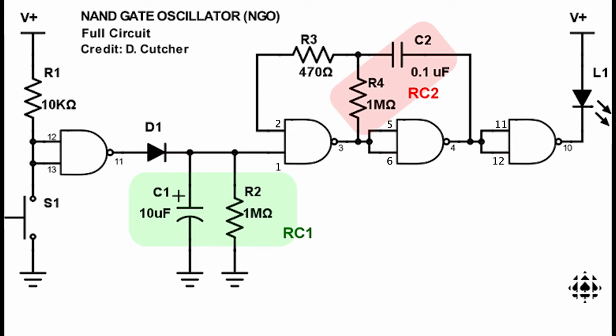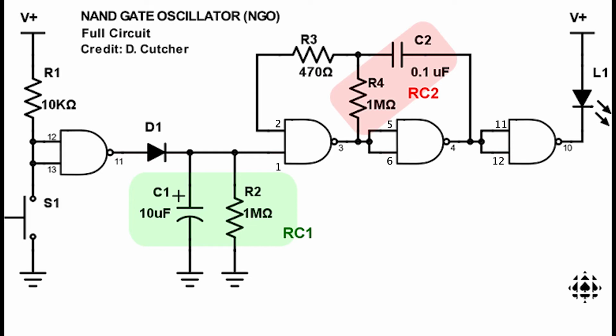Since pin 3 is high, C2 begins to charge again, and once its charge is above half of the supplied voltage, it goes through R3 and makes the input on pin 2 high again, which makes pin 3 output a low, which turns on the LED again. This is essentially how the circuit oscillates.